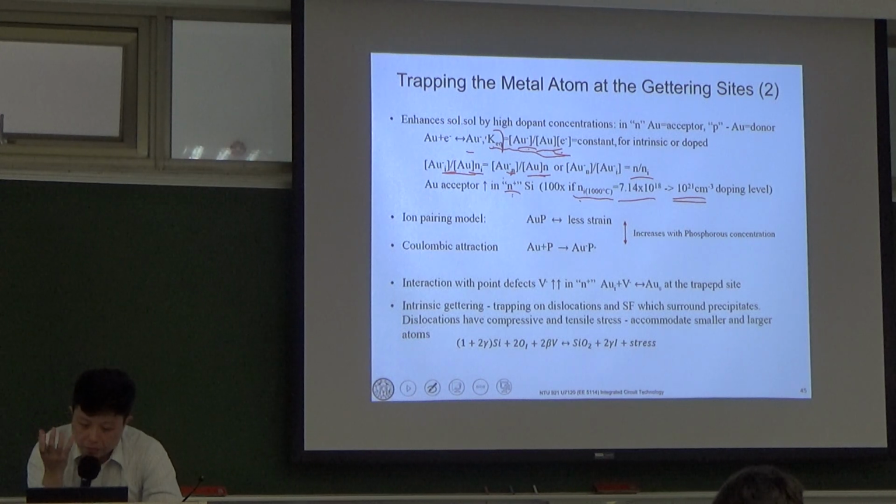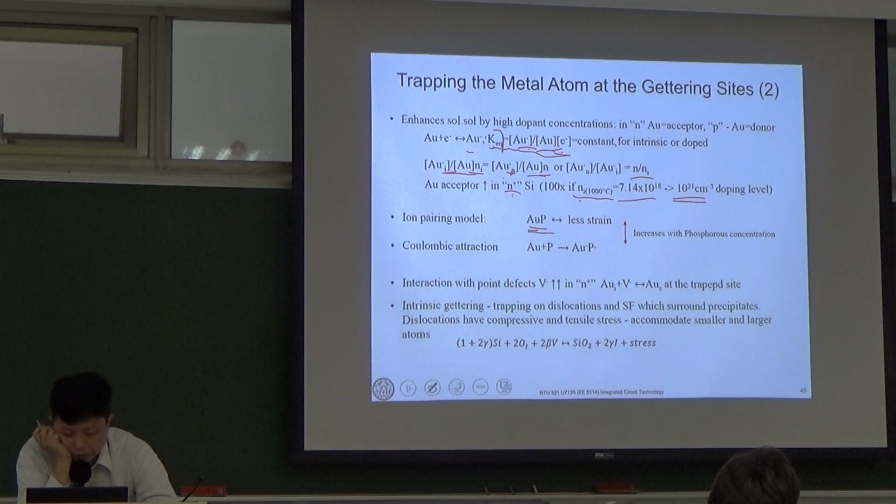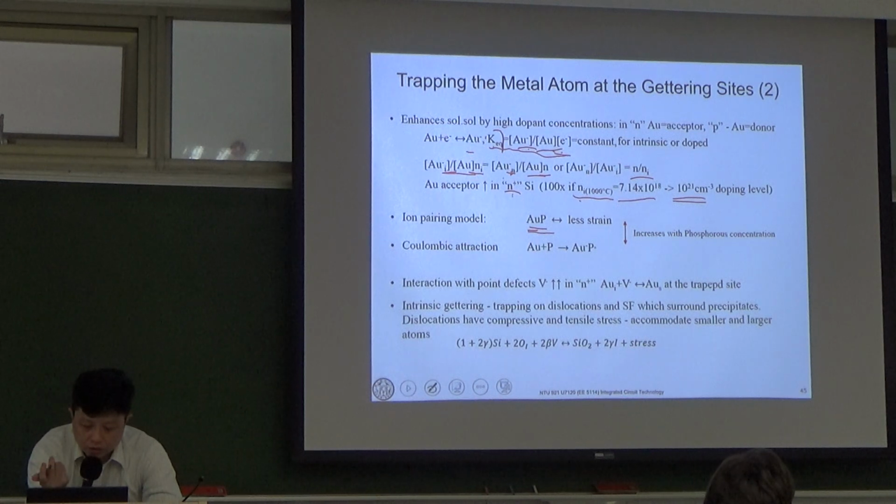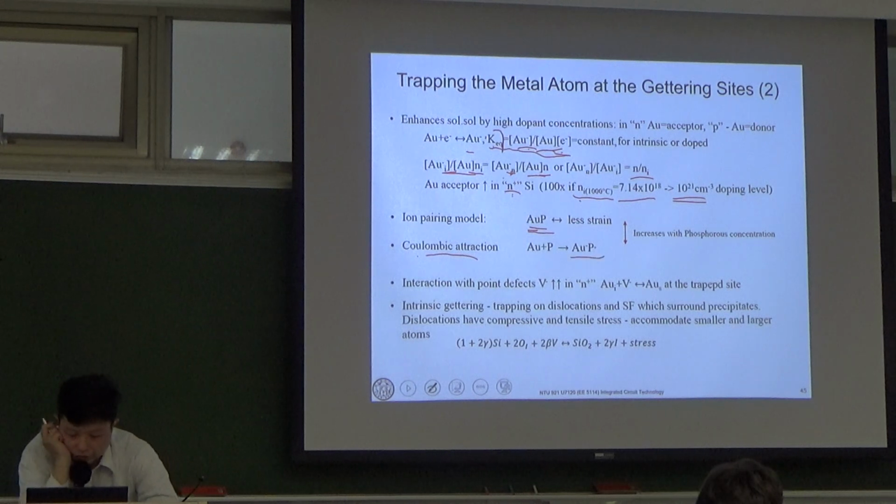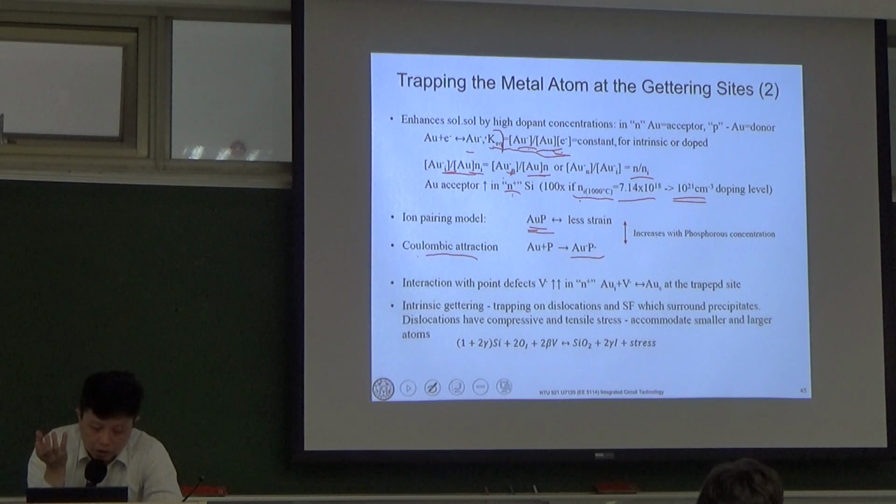How can this metal be trapped in this trapping state? Okay, and we can use this ion pairing model because once they form this pair, they can give you less strain. So they prefer this kind of compound form, okay? Or we can use some Coulombic attraction to describe this phenomenon: they have some Coulomb force between them.